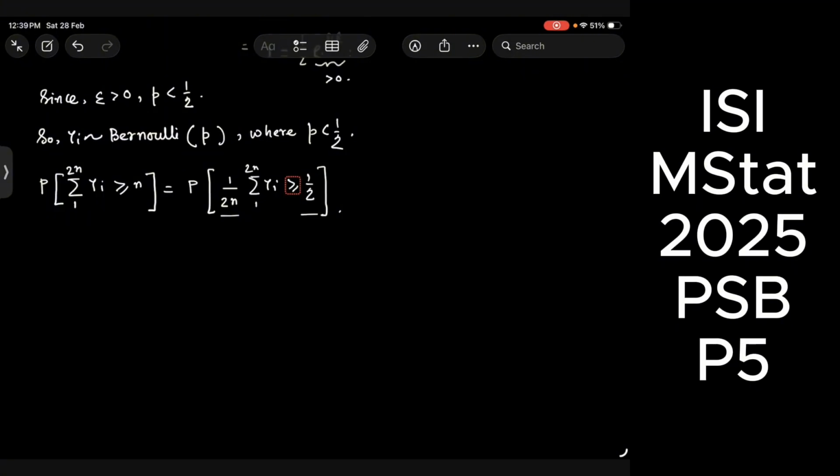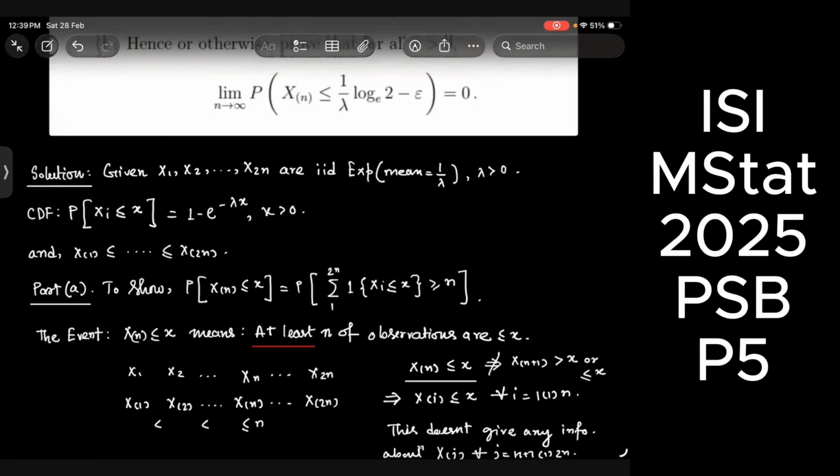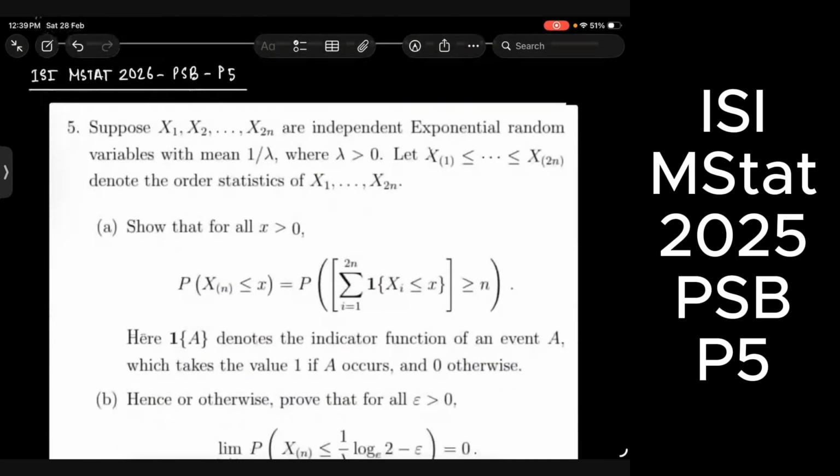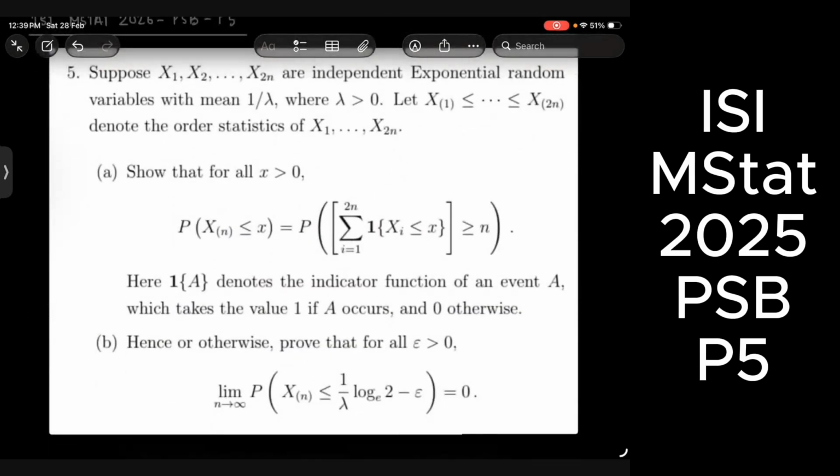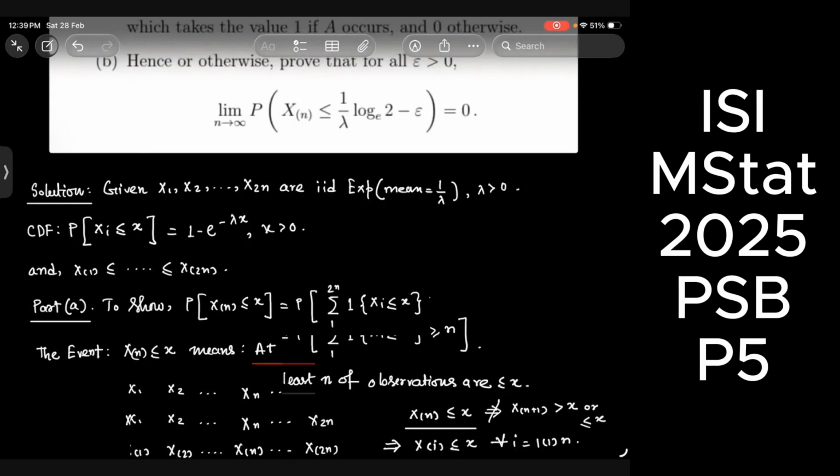So what is 1 by 2n summation over 1 up to 2n yi? This is the sample mean, right? Do you agree?